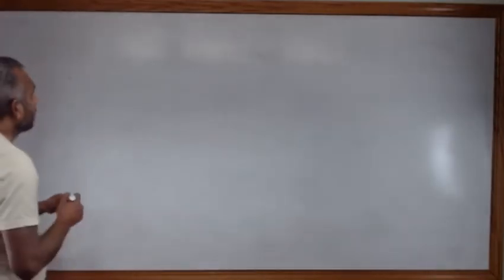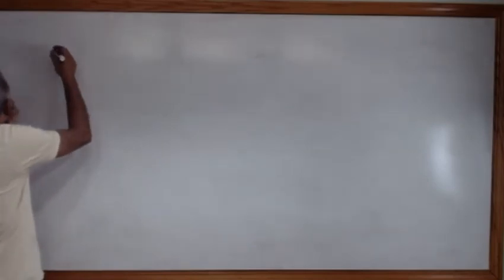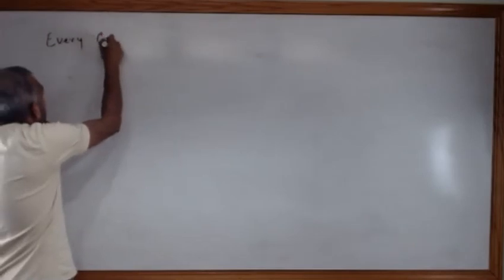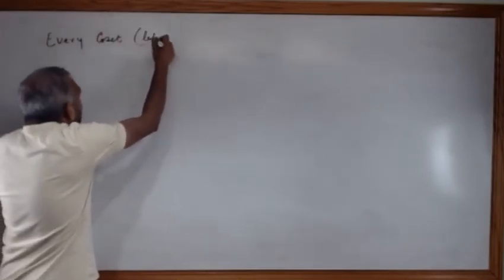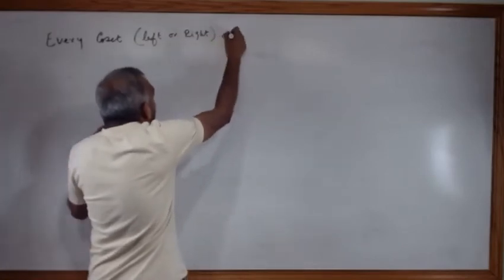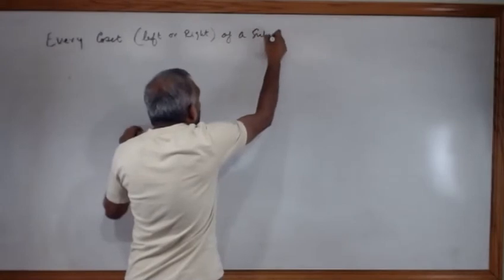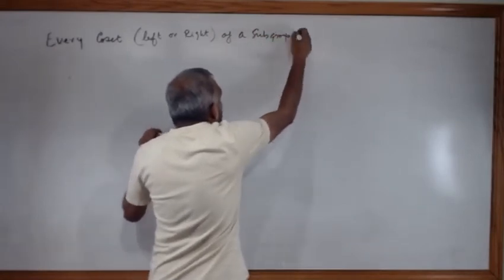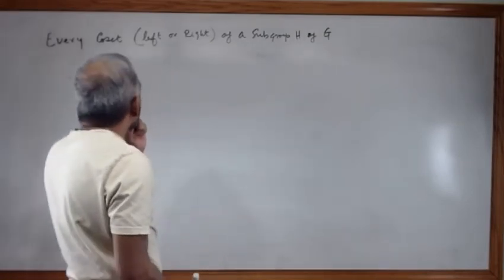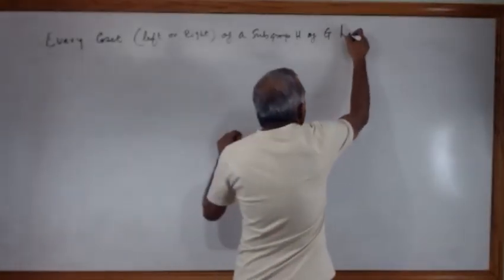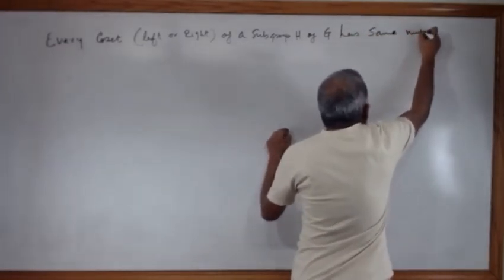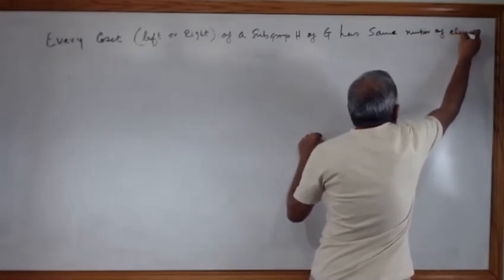A very quick result, but it's a very important result. Every coset, whether it is left or right, of a subgroup H of G has the same number of elements.